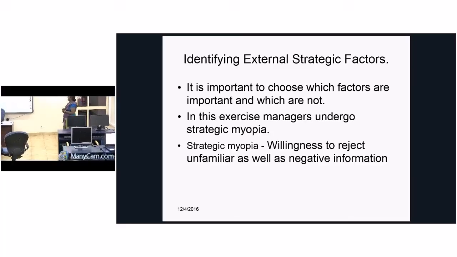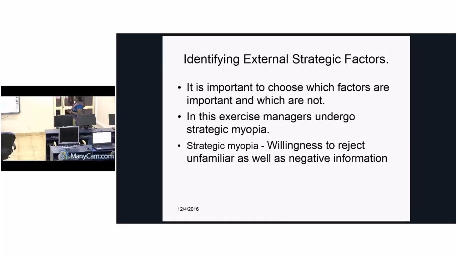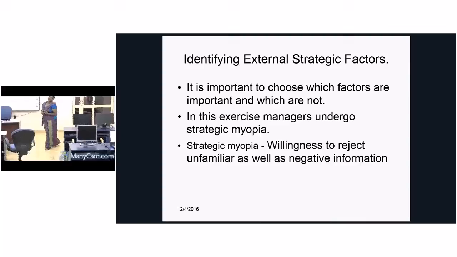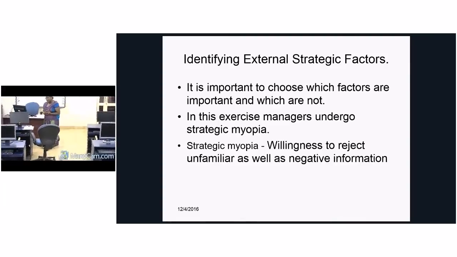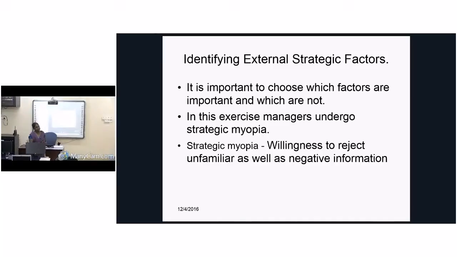In this exercise, managers may undergo strategic myopia. Strategic myopia is the willingness to reject unfamiliar as well as negative information. It is a bad practice and should be avoided.